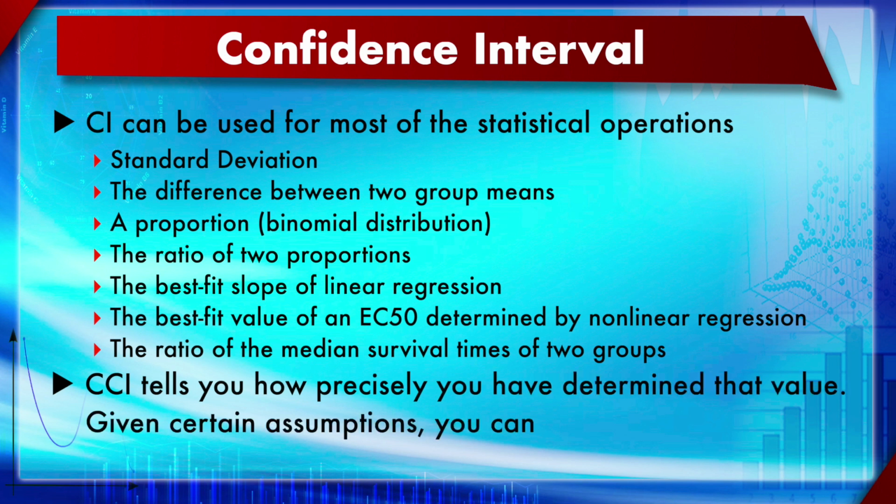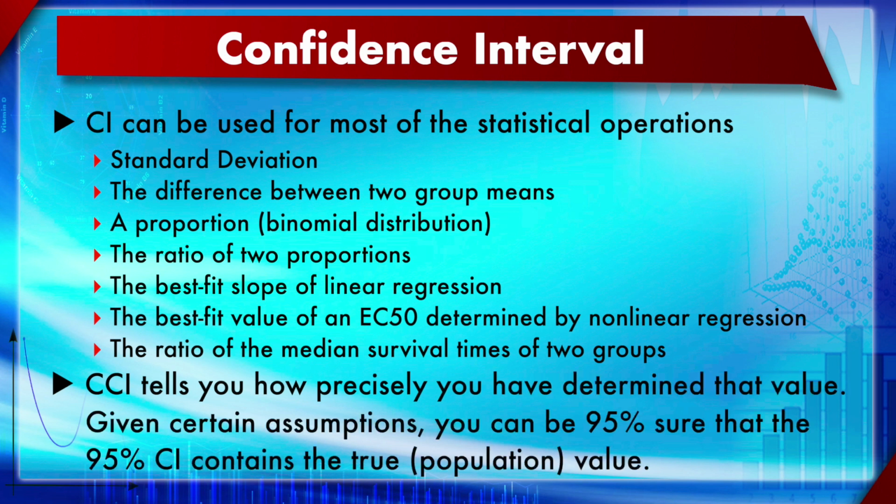So, the confidence interval tells you how precisely you have estimated that estimate, whatever the estimate that you are doing from the sample as an estimate of the population estimate. So, how the sample is differing from the true population mean, for example, that we have already seen in our earlier section.